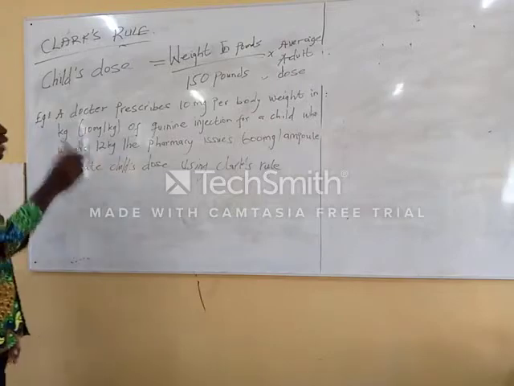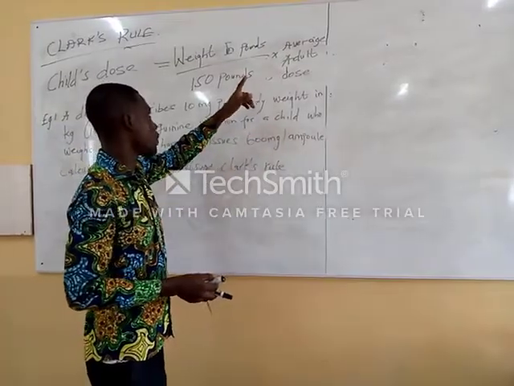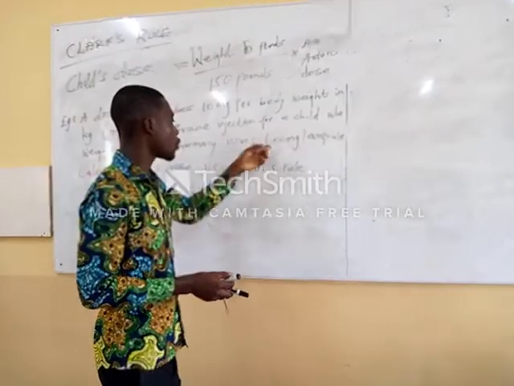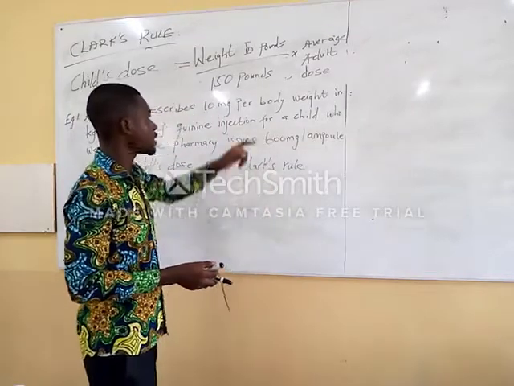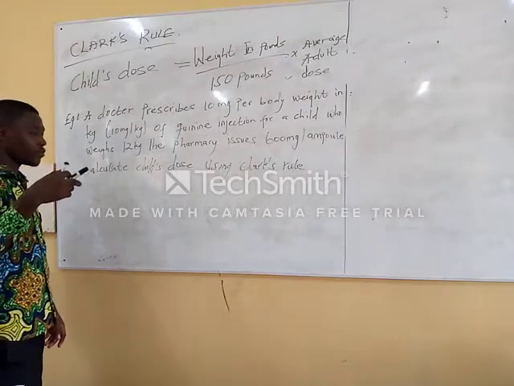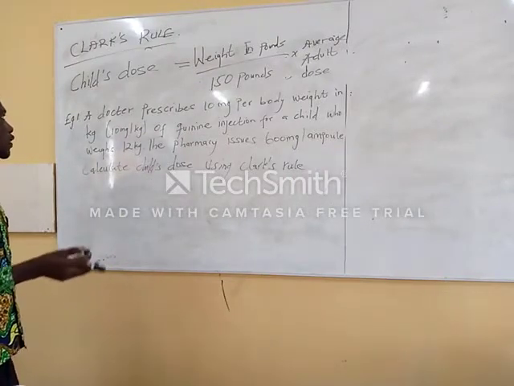So it is this adult dose that you are going to give to the child, but you need to calculate to know the exact amount you are going to take from this adult dose to serve the child, to prevent any adverse effects or side effects.